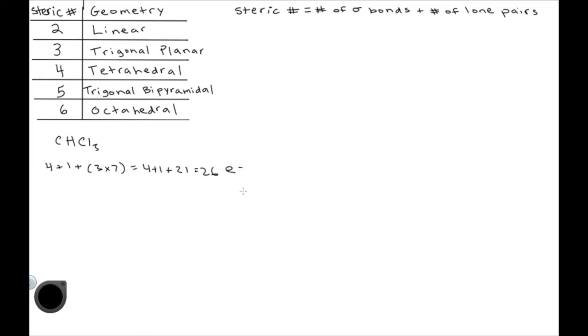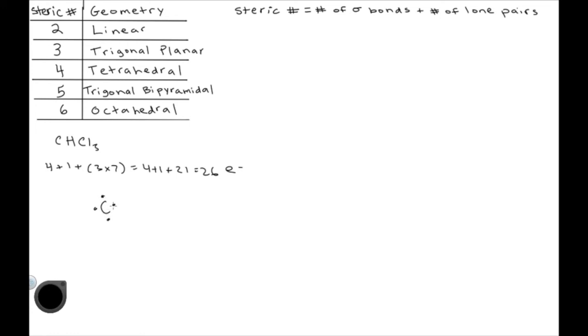So starting with the least electronegative atom and the only atom able to form multiple bonds, which is the carbon, we draw the carbon in our center. So here's our carbon, and then here's 1 electron on each side of the carbon, for 4 in total.